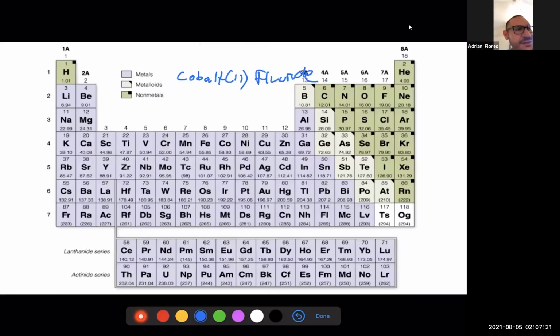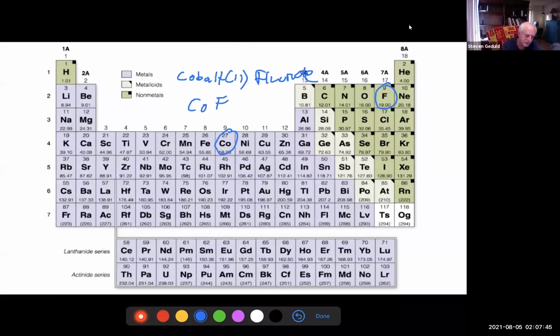Cobalt is 2+, and fluoride is going to have a charge of 1-. So it's going to be CoF2. Perfect.